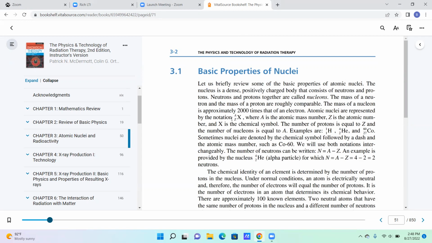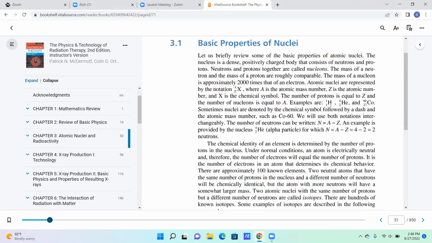Your notation here is going to be your chemical element with the nucleon count up here represented by A. The proton count is going to be down here represented by Z. So you could have hydrogen, which just has one proton in it.